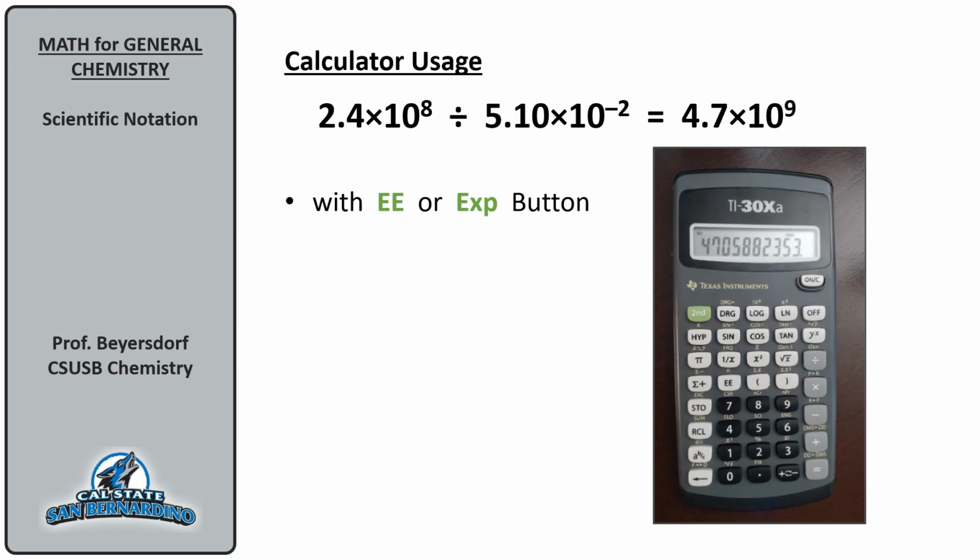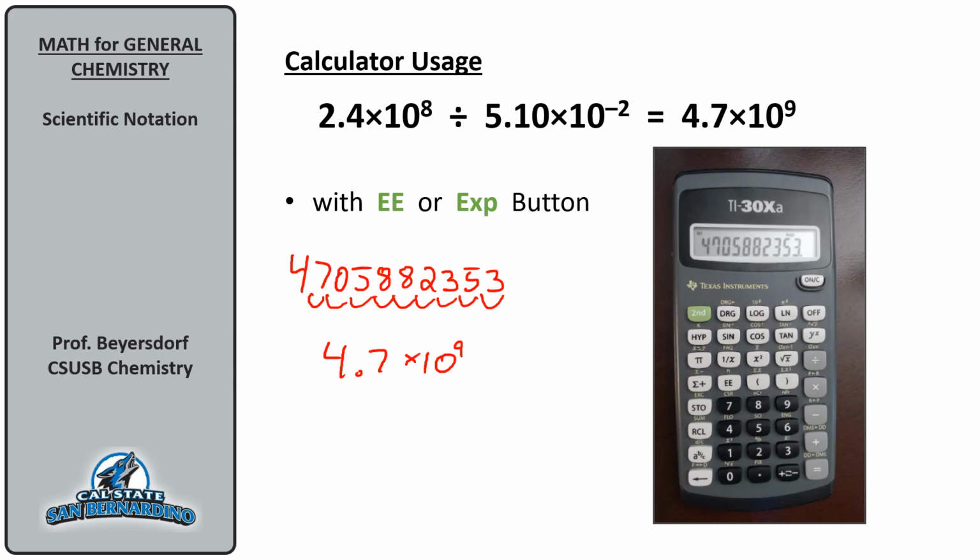That's not in scientific notation, but I can convert it. So here it is: 1, 2, 3, 4, 5, 6, 7, 8, 9. So then I'd have 4.7 times 10 to the 9.